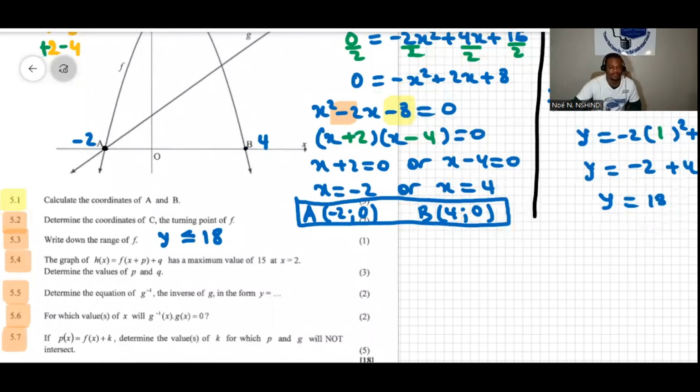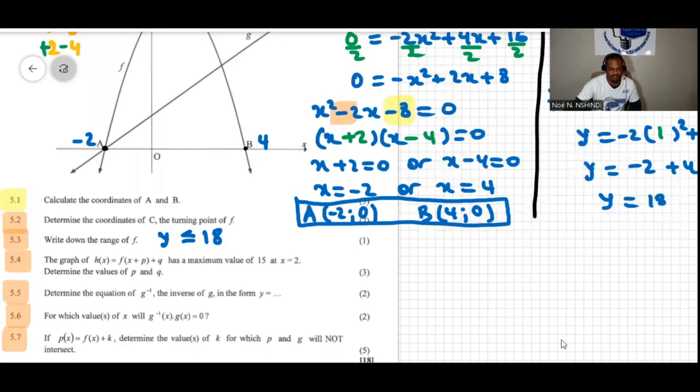Well, the question says that if p of x equal to f of x plus k, determine the value or values of k for which p and g will not intersect. Okay, if p of x equal to f of x plus k, determine the value or values of k for which p and g will not intersect.